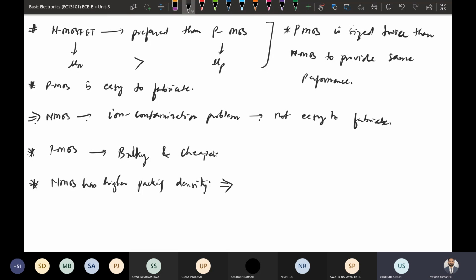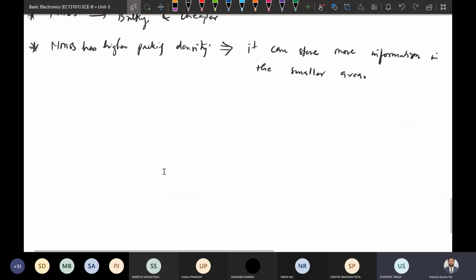What it implies is it can store more information in a smaller area. So on a smaller area, it can store more information.